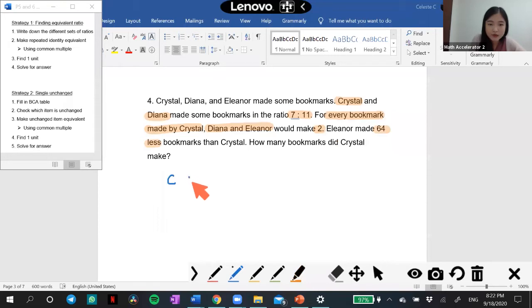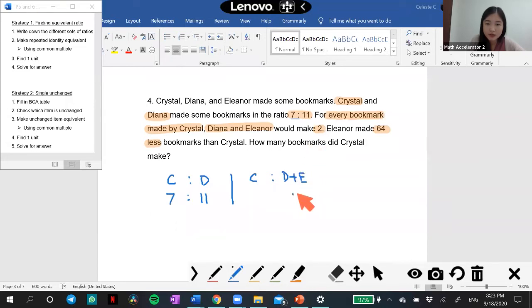So you have Crystal, Diana, 7:11. Right, and then the next set, every bookmark made by Crystal, Diana and Eleanor will make 2. Both of them. So it's D plus E here.